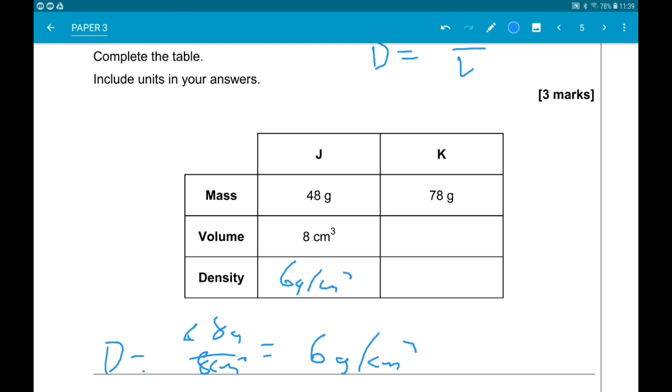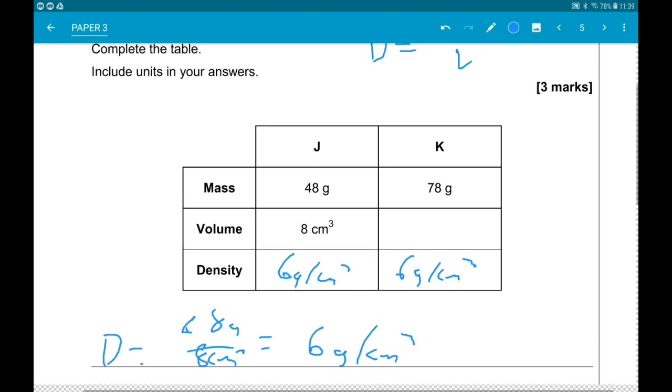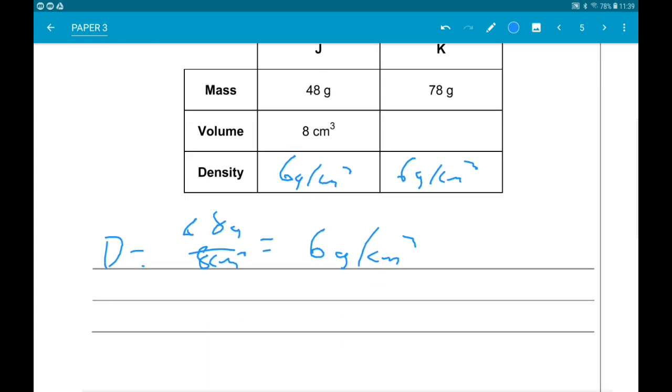Okay, now we know K has the same density. So for K, we need to find the volume. So if density is mass over volume, density times volume is equal to mass.